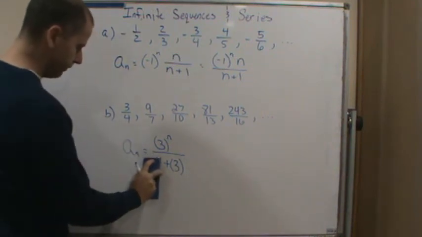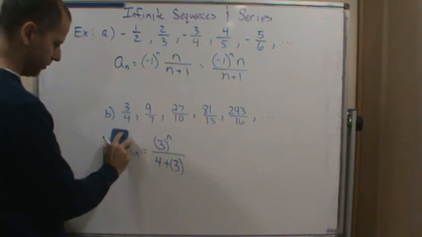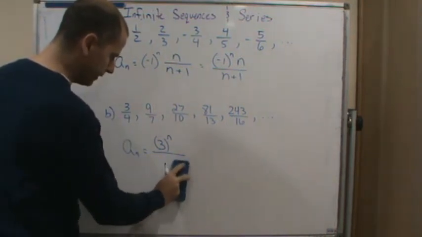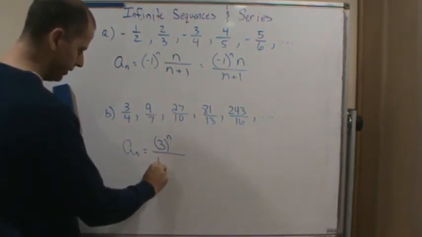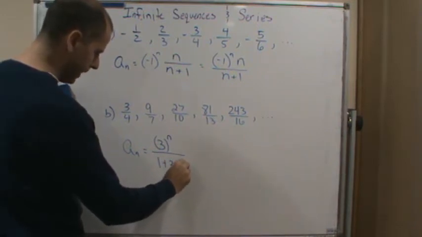Let's do it this way. So there's a 3 in here, right? There's a 4. If we subtract 3 from this, we get 1. So we could actually rewrite this as 1 plus 3 times n.